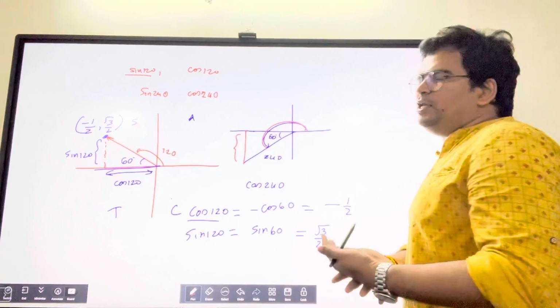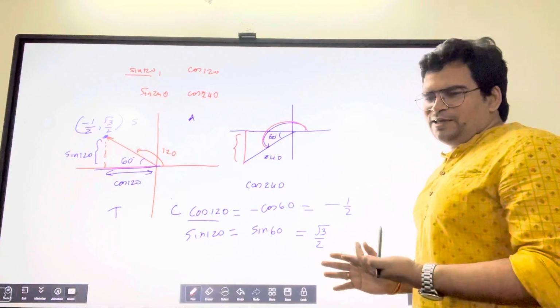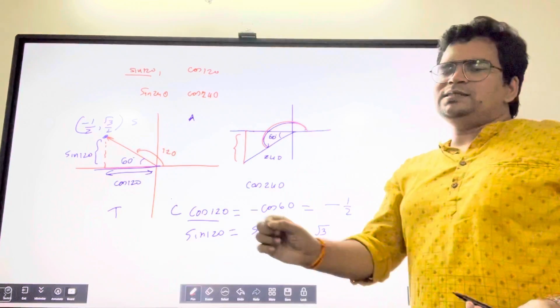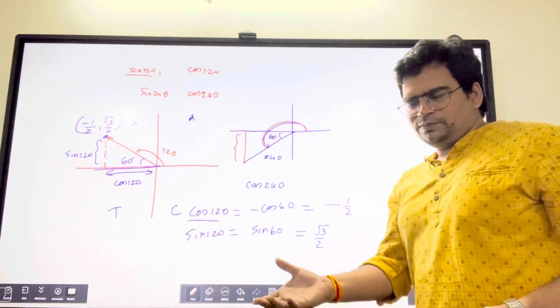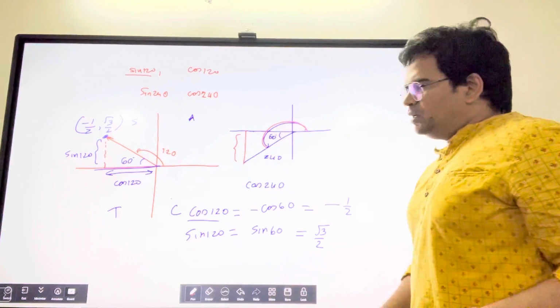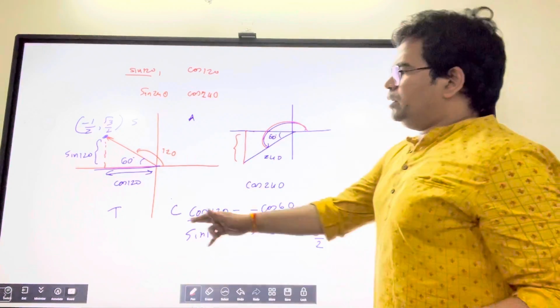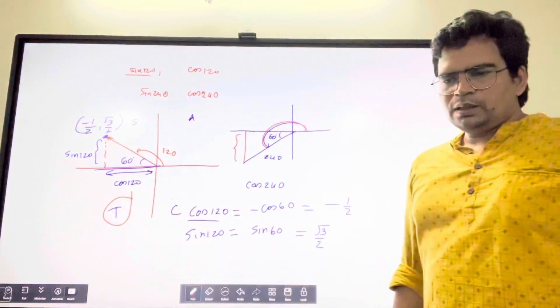So sine 240 or sine 60 are going to be the same in magnitude, but you have to be careful about whether their signs are positive or negative based on which quadrant they are in.